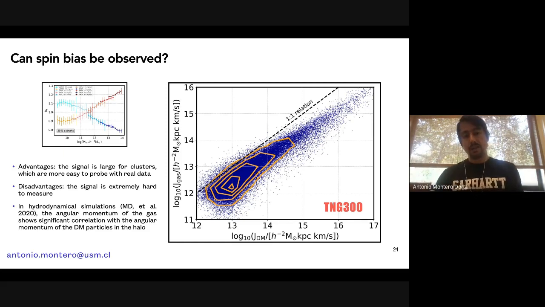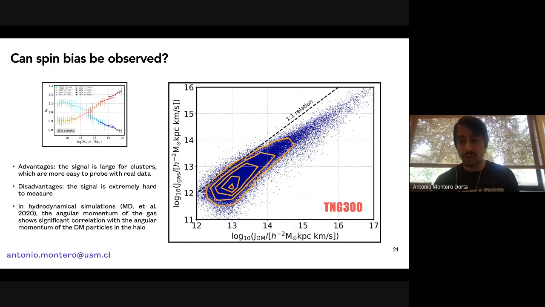That's the advantage that spin bias has. The disadvantage is that it's very hard to measure spins, obviously, in observations, right? Angular momentum of halos.